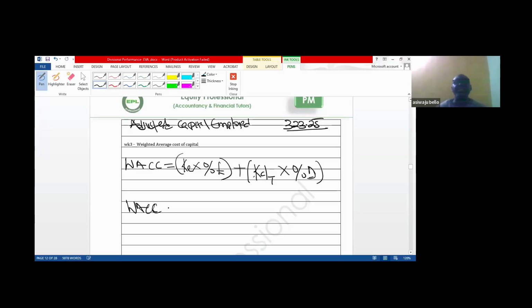Look at note number 6 and 7. What is the cost of equity? Check note number 6 and note number 7.